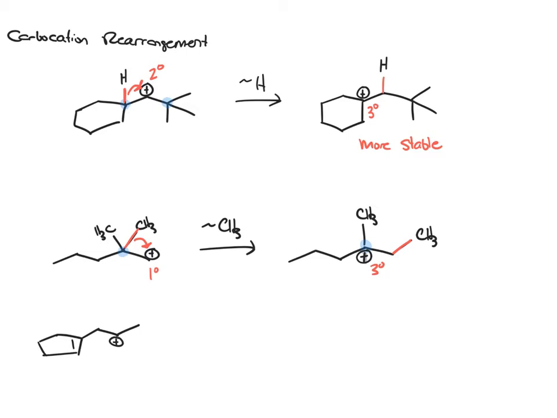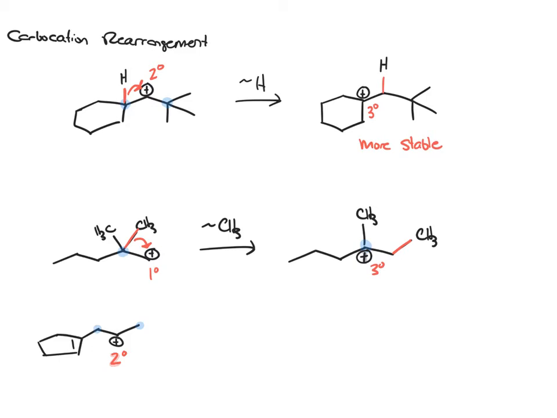If you look at that and look at the neighboring carbons, we have a secondary cation. Just on first glance, if we shift it to the right, it'll be primary. If we shift it to the left, it'll be secondary. So you might be tempted just to say, well, that's not going to rearrange. And typically that would be the case.